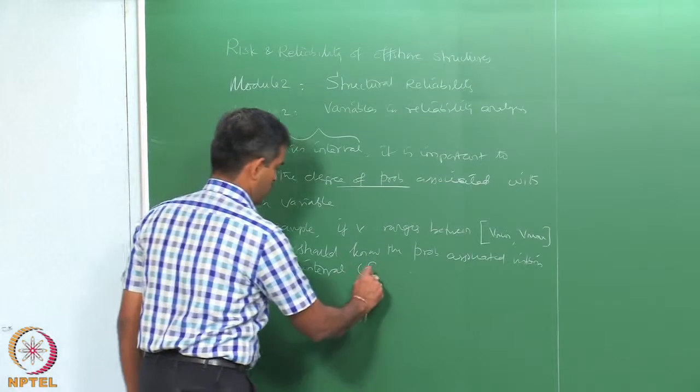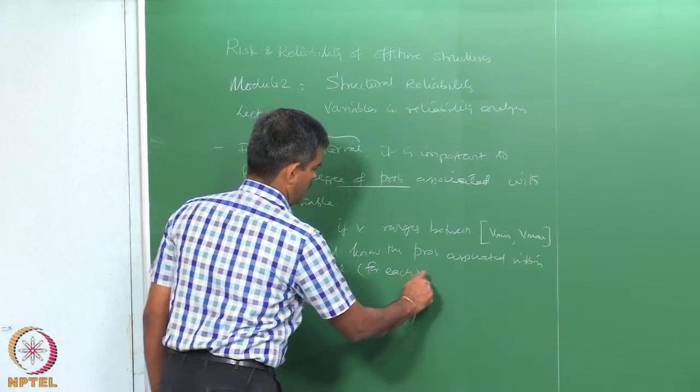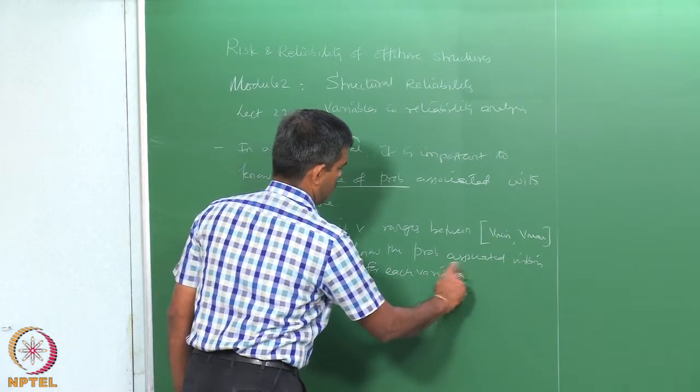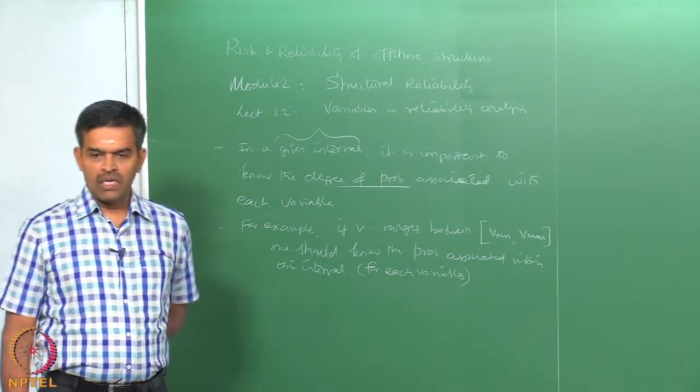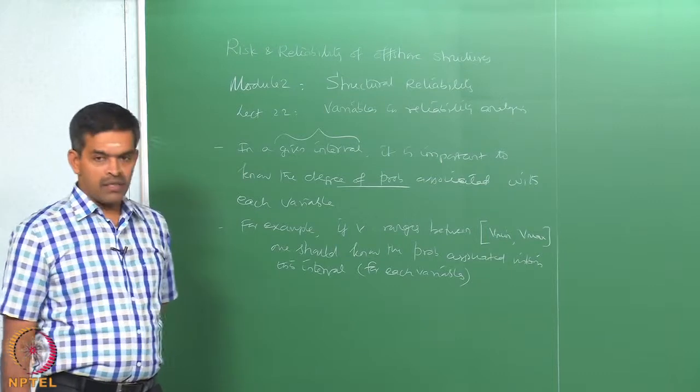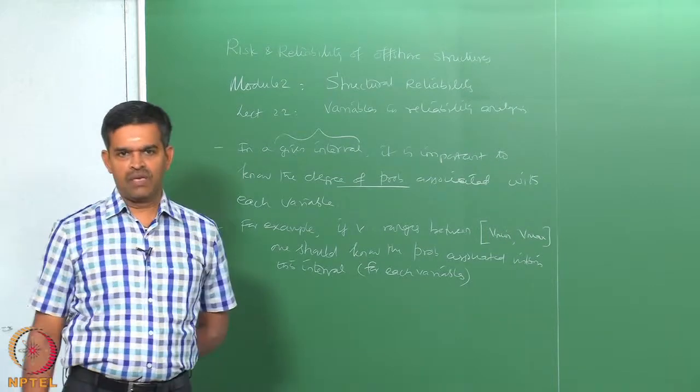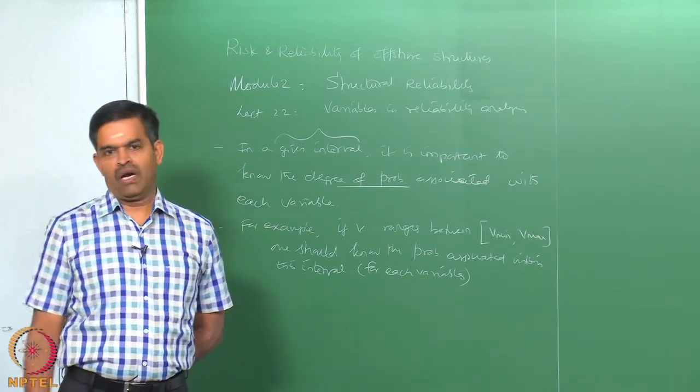Of course, there can be many variables in a given system. Yesterday we saw different kinds of loads, different material strength and degradation. There can be many variables in a given system which can affect Q, which can affect R as well.